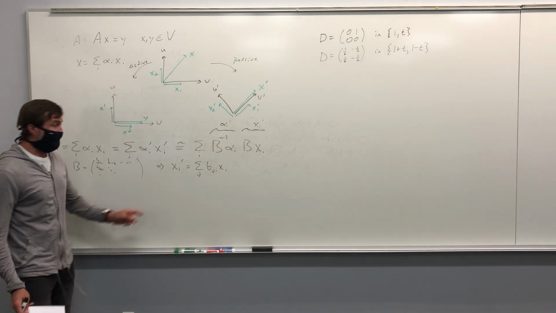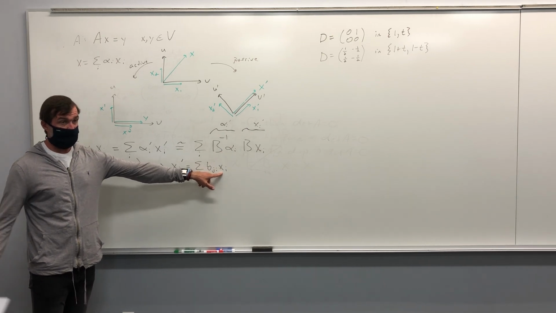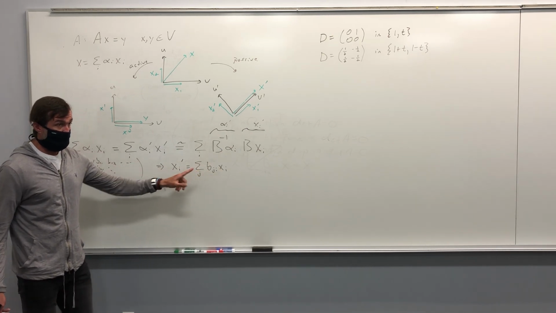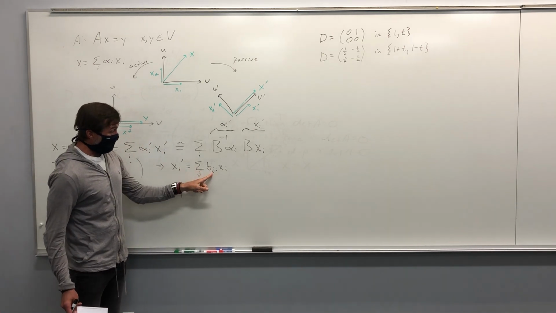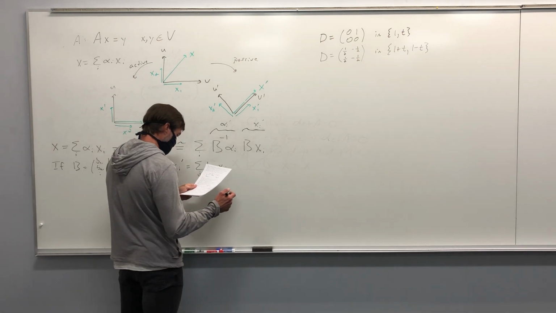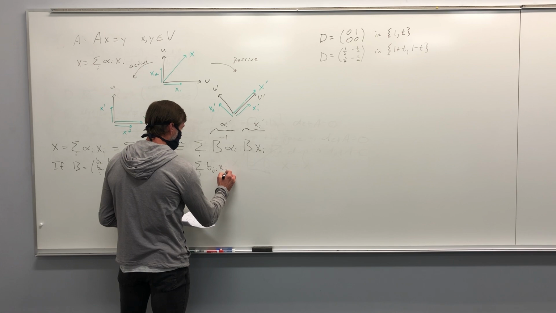So this is the rule for the linear transformation of a basis vector that I gave you some time ago. Sorry, this is x_j.